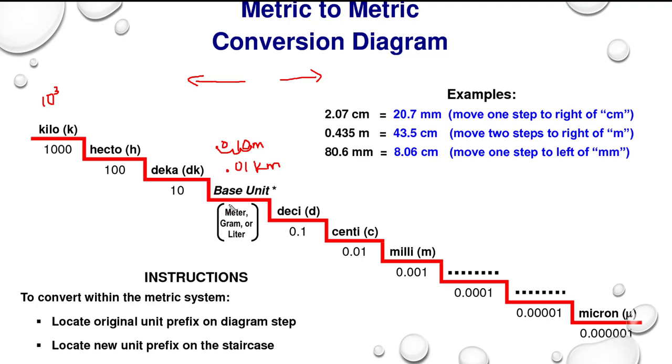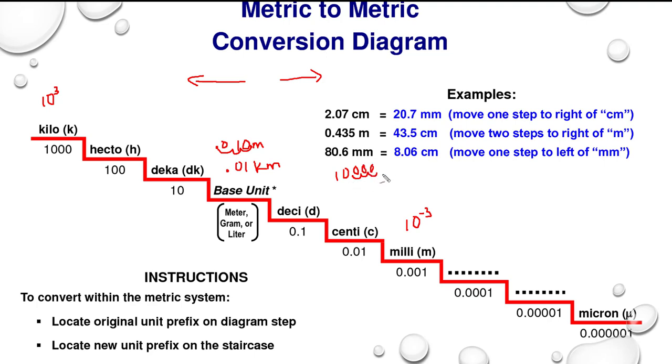If I want to convert my 10 meters to millimeters, millimeters is 10 to the minus 3. So now I'm moving down the staircase, so I'm going to move that decimal point to the right. Here's my 10 again. I'm going to move it to the right 3 spaces. 1, 2, 3. 0, 0, 0.